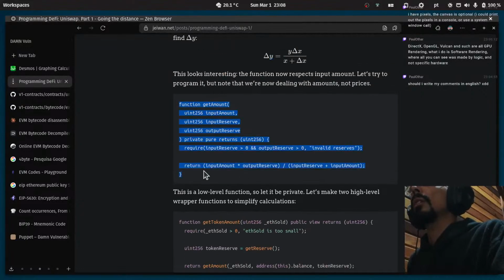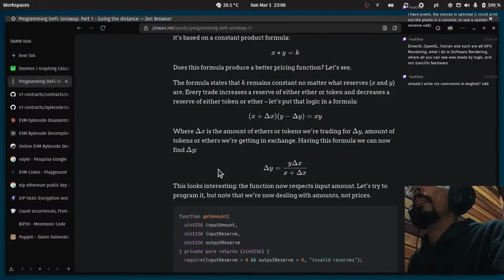Okay, so the function here: every trade increases a reserve, right? And decreases the other reserve, yes. So that's why they created the formula.